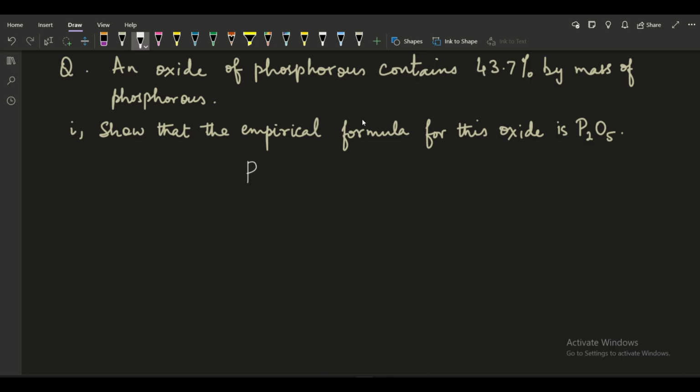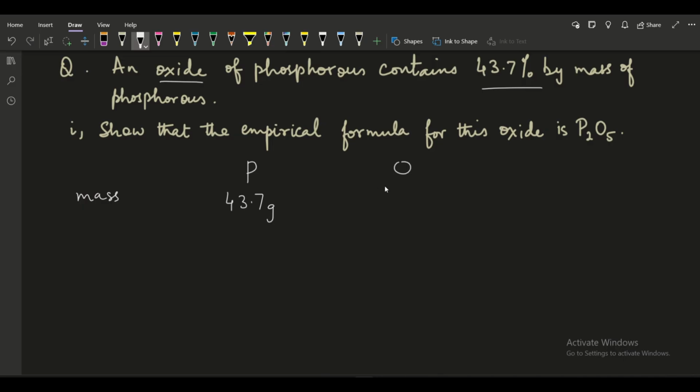What would be the other element? Since it's an oxide of phosphorus, the other element would be oxygen. Okay, so just write the mass of phosphorus as 43.7 gram.